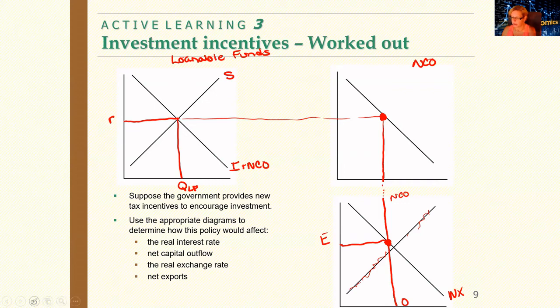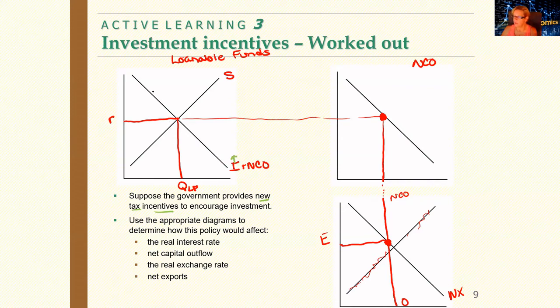Okay, so now let's take the problem. I'll do that in green. Suppose the government provides new tax incentives. So incentives, remember, way back in chapter 27, I believe, are going to increase domestic investment.